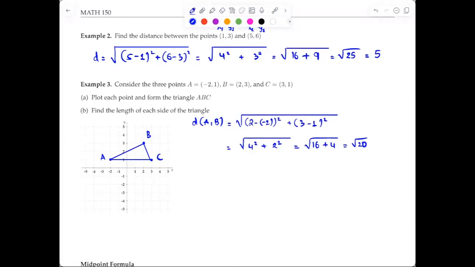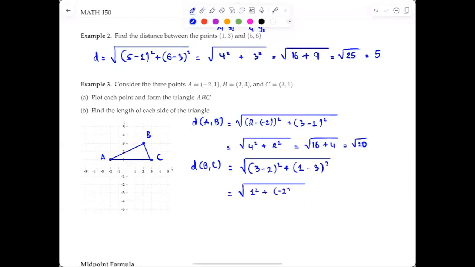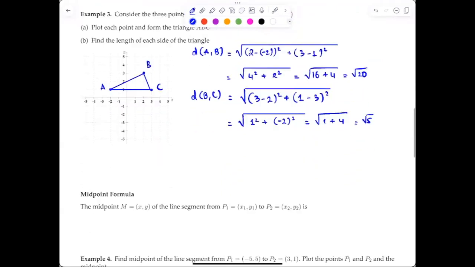All right. So the distance between B and C is the square root of 3 minus 2 square plus 1 minus 3 square. Well, this is the square root of 1 square plus negative 2 square, or the square root of 1 plus 4, or root 5.